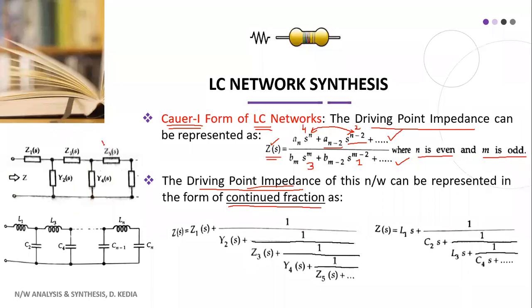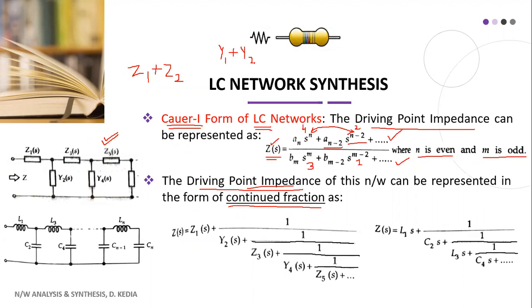So first, the generalized representation of your driving point impedance, we are doing that in the form of a continued fraction. How are we doing that? We know that impedances are simply added in series, and in case of parallel networks, admittances are simply added.